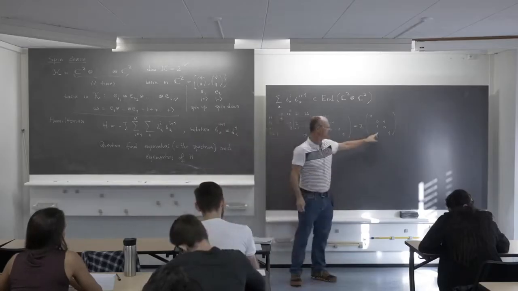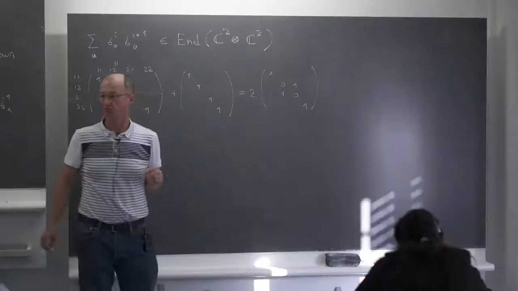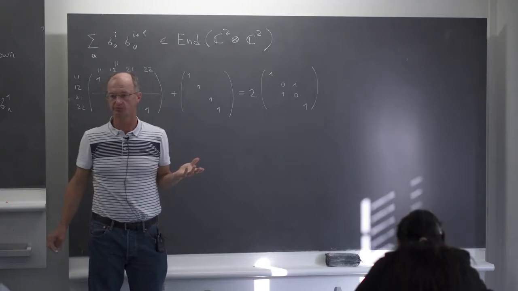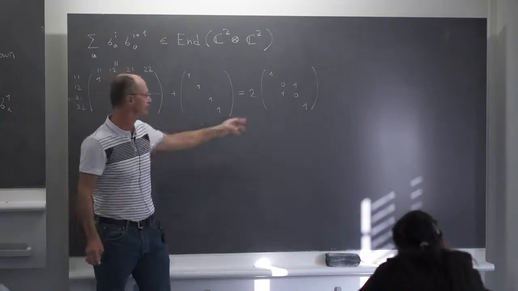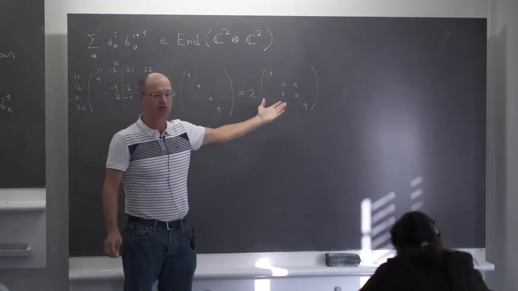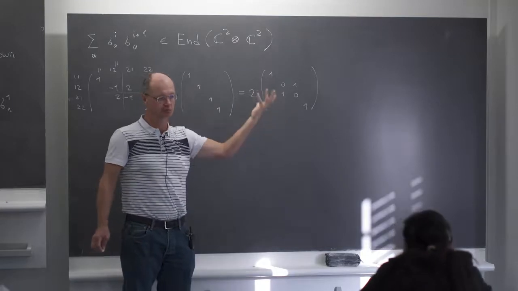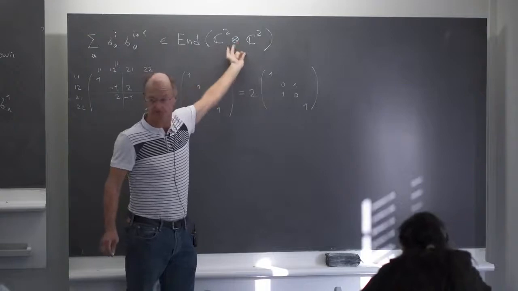So what does this element do to elements of C2 tensor C2? It does something very intuitive. Where does it send E1 tensor E2? To E2 tensor E1. Right, it permutes the two copies.